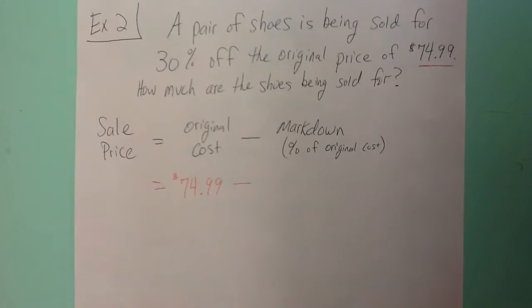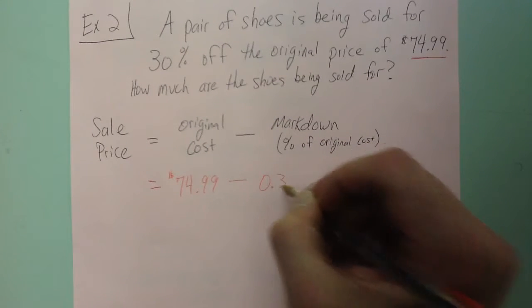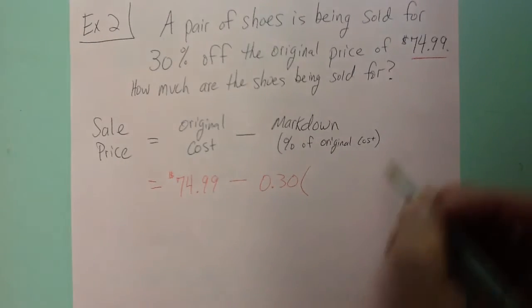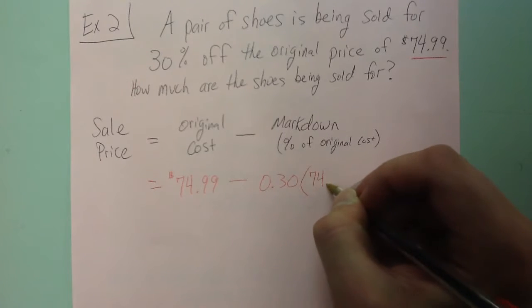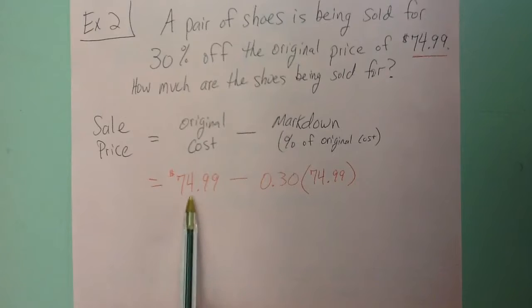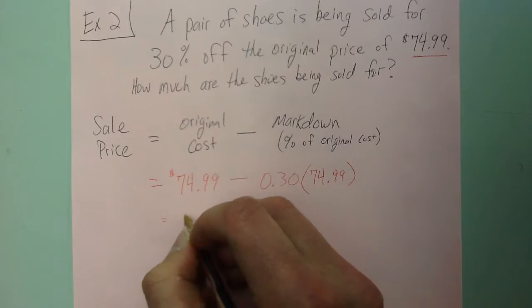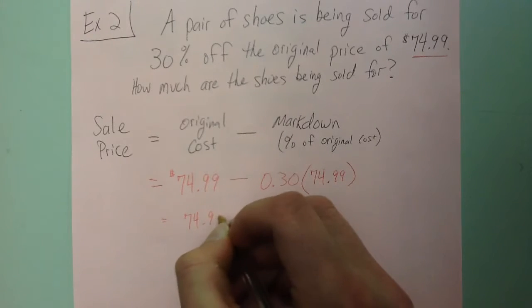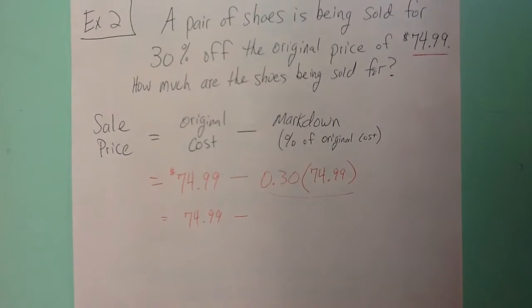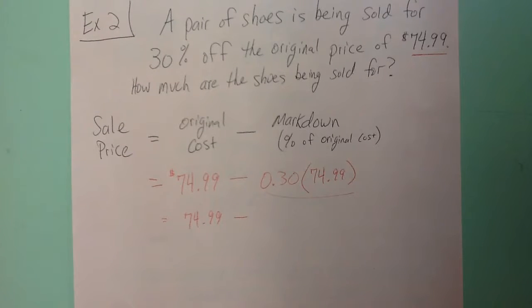To write 30% as a decimal, I take 30 and divide by 100 to get 0.3 or 0.30. The markdown is 30% of the original cost of $74.99.